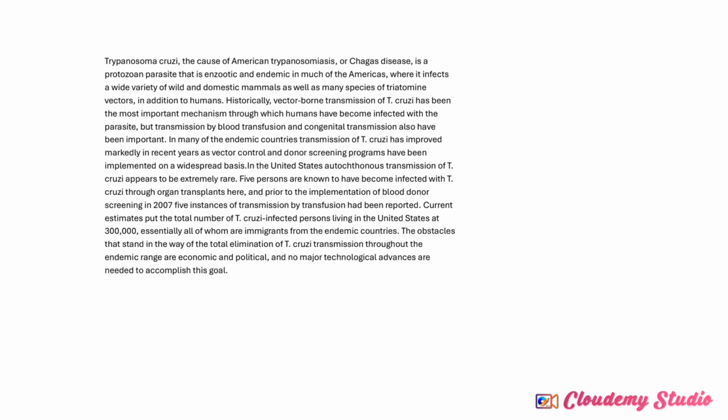And prior to the implementation of donor screening in 2007, 5 instances of transmission by transfusion have been recorded, which means they have recorded transmission of this parasite through transfusion. So apart from insect bites, it can also be transmitted through transfusion.